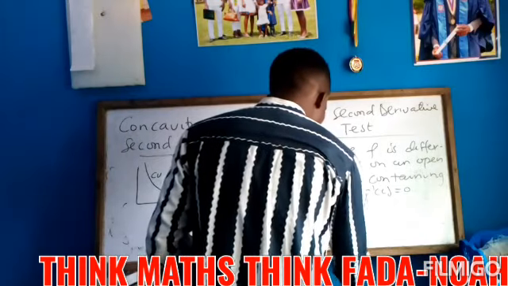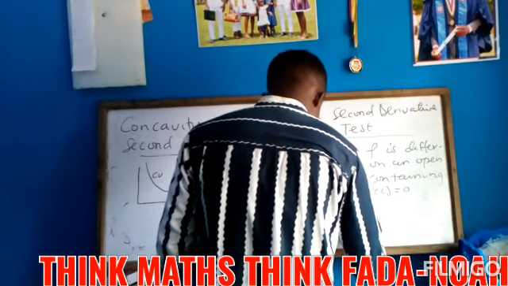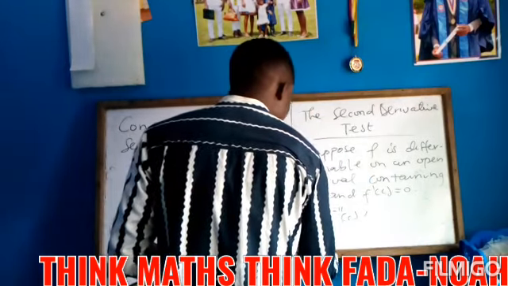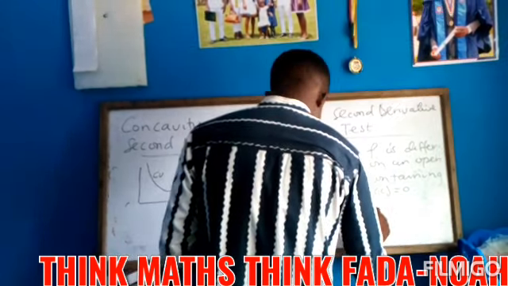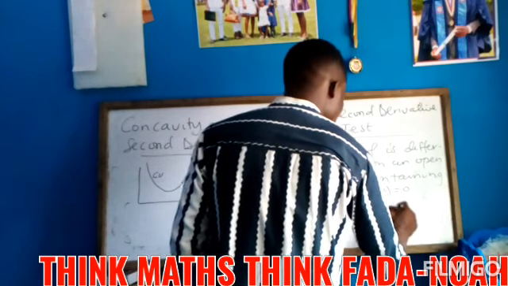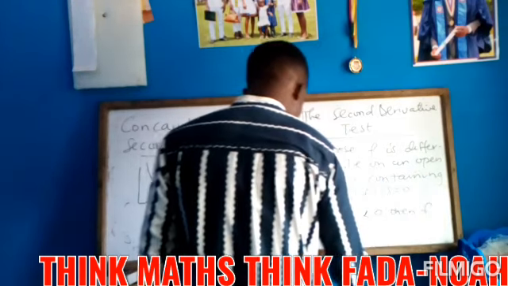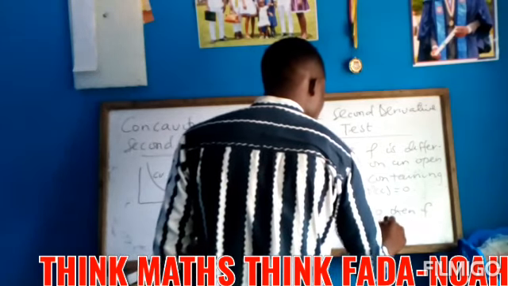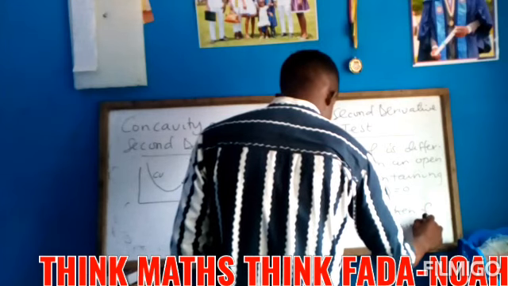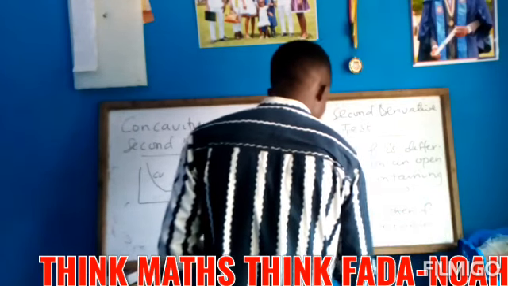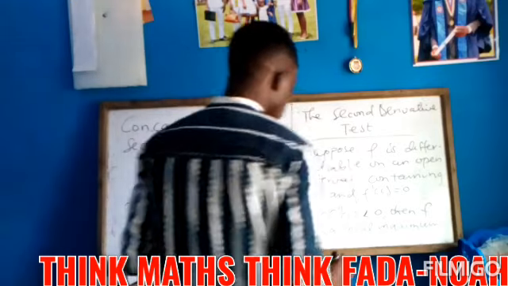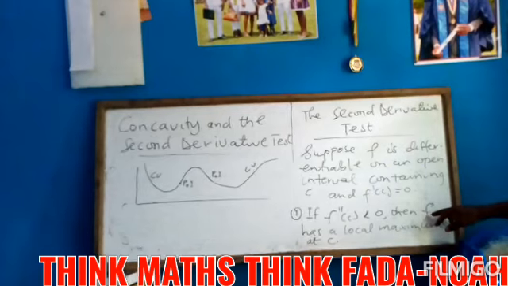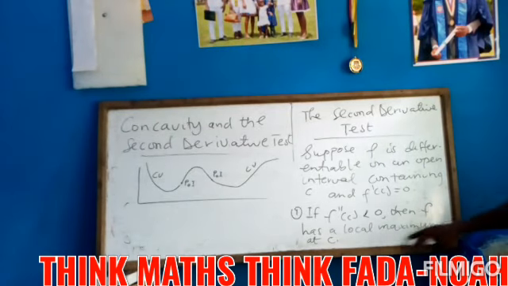So let's look at something. 1. If f prime prime of c is less than 0, then f has a local maximum at c.